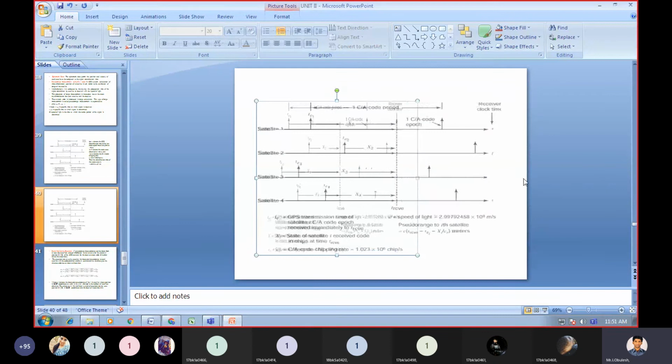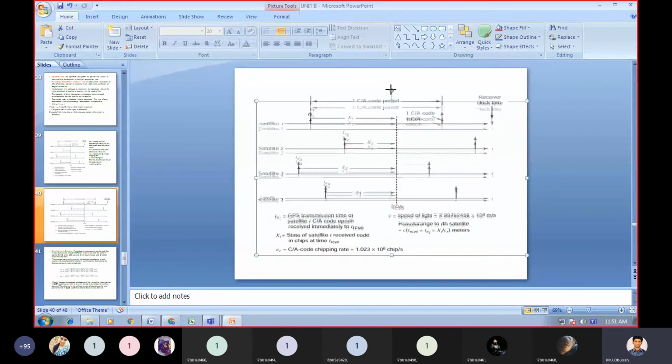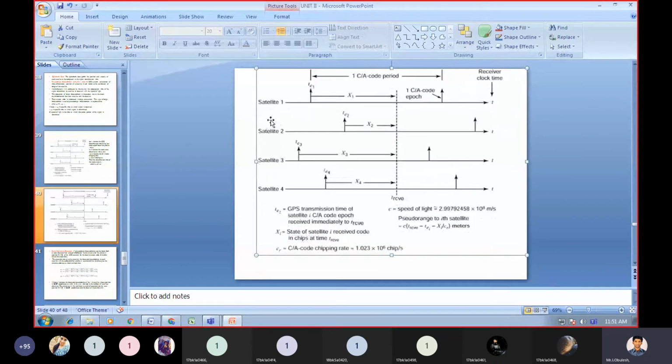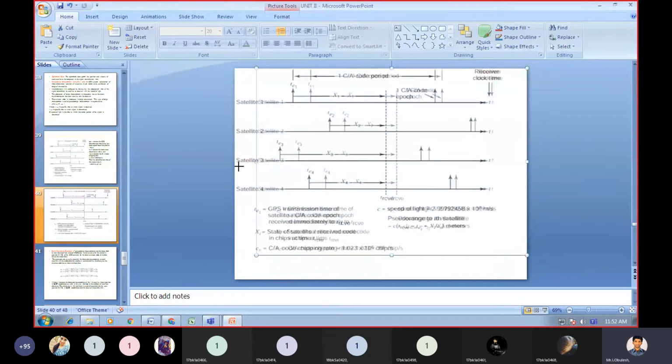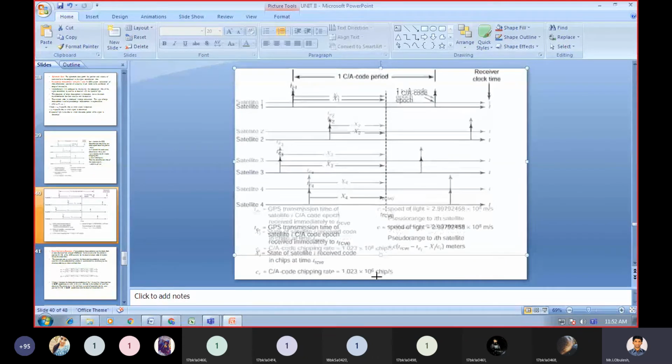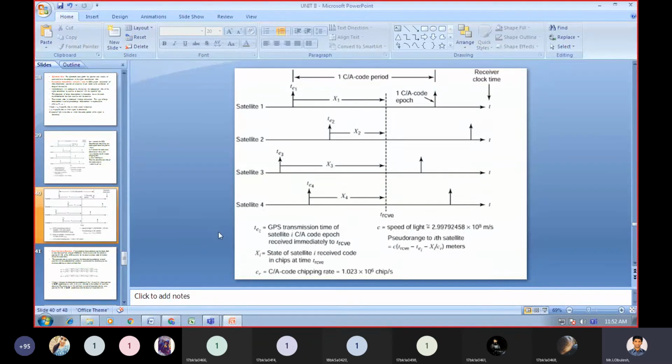You need to see this carefully. Satellite 1, 2, 3 and 4. From satellites 1, 2, 3 and 4, the receiver will receive the signal.